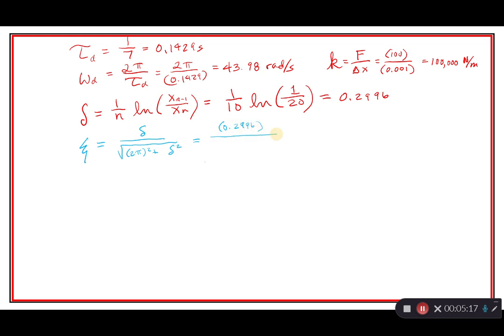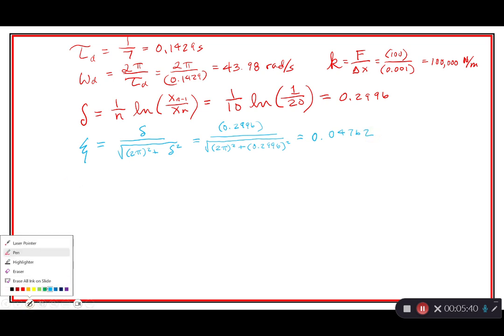Boom. And the damping factor is 0.04762.